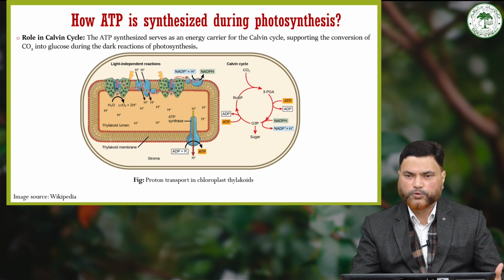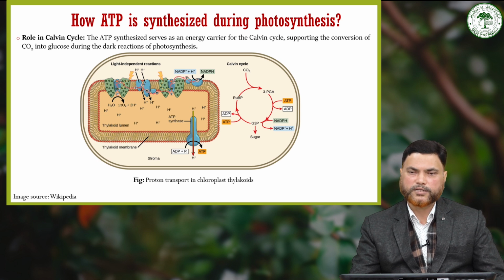This rotation leads to a conformational change in the ATP synthase complex that enables the synthesis of ATP from ADP and inorganic phosphate. So it could be summarized that ATP is basically generated during the light reactions.